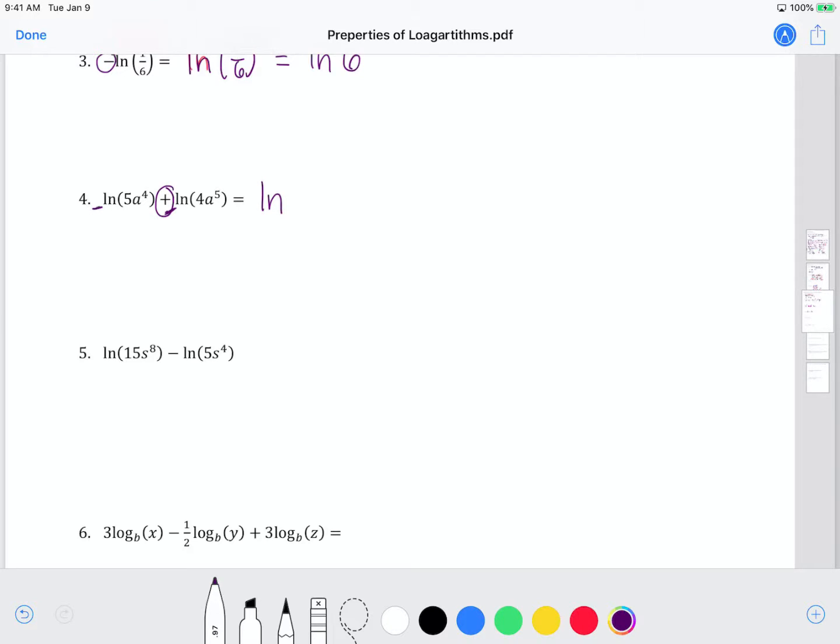My bases are the same. It's natural log, so my base is e for both of them, so I can combine them. And I'm going to rewrite this as 5a to the 4th times 4a to the 5th. I'm going to multiply those two together. And then I can clean it up and simplify it by making that natural log of 20a to the 9th.